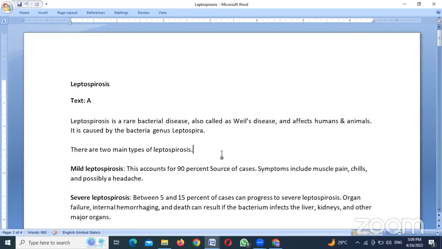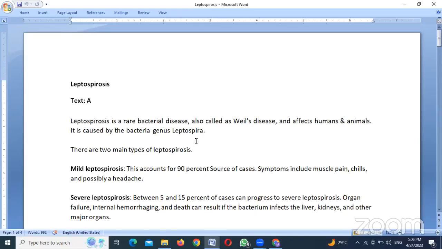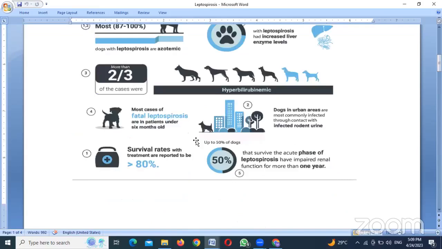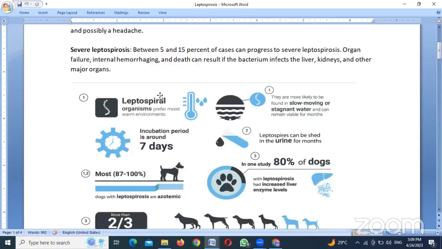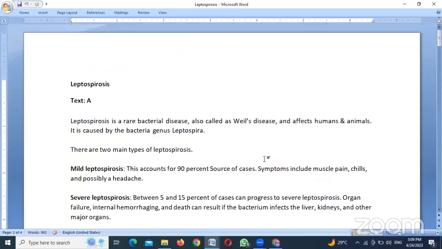Okay. So first we need to quickly skim and scan. What will we skim and scan? Headings, subheadings, topic sentences. Topic sentences are the first sentences of each paragraph, and sometimes the last sentence also. If there is a table or any picture, we will skim the main, important things, just quickly, to get an overall idea what is included in each text.